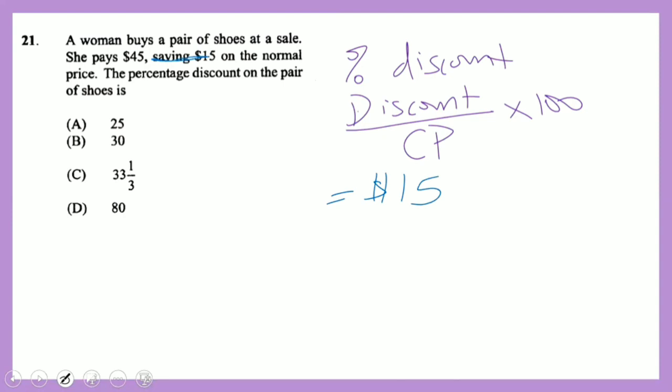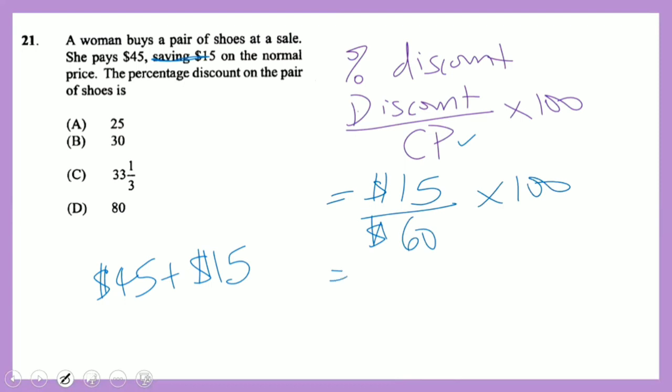The normal price, which you have here as cost price, is going to be $45 plus this $15, which gives us the original price. So that's 15 over $60 times 100. That's a quarter. 4 into 100 will give us 25.